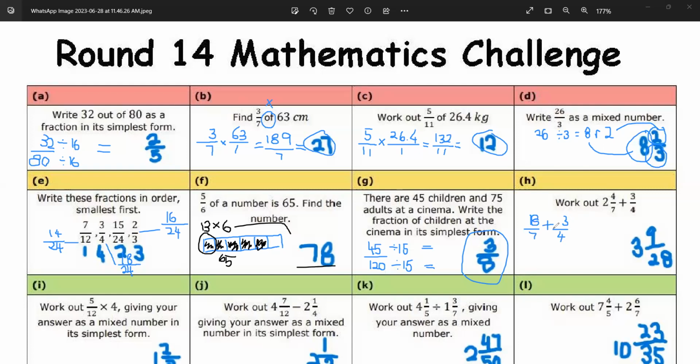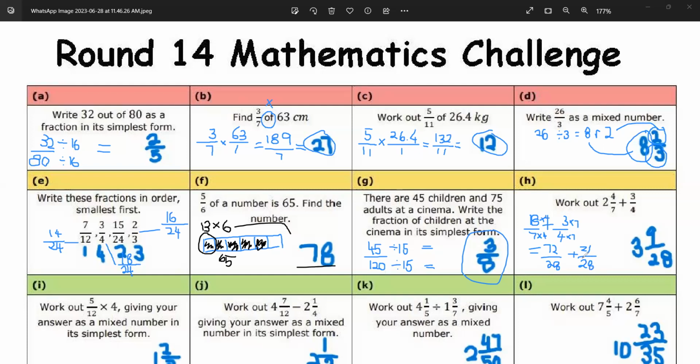But before we sum, we need to make the denominators the same. So for this, we can only times 4: 7 times 4, and 4 times 7. Then we'll get, okay, so 18 times 4 will get 72. 7 times 4 will get 28. 3 times 7 will get 21. 4 times 7 will get 28.